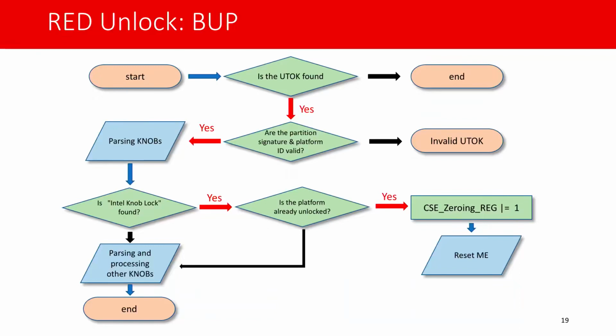Red unlock works in two steps. In the first, the BUP is finding the UTOC partition. If the partition is found, the BUP checks the partition signature and platform ID. Also, BUP checks time, because UTOC has a time limitation.